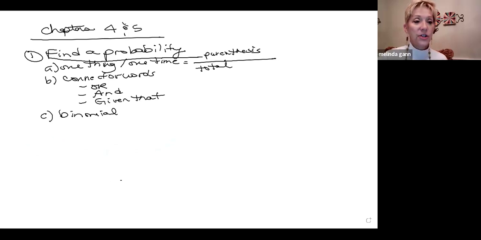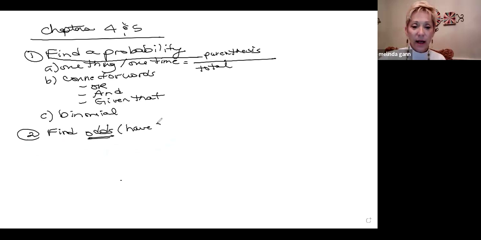All right. So I might ask you to find a probability. Now, another thing I might ask you to do is find odds. And odds and probability are not the same thing. Odds have to have 2 numbers in the answer. So it might look like this, 3 to 1. You could also write it 3 over 1, but don't just put 3.